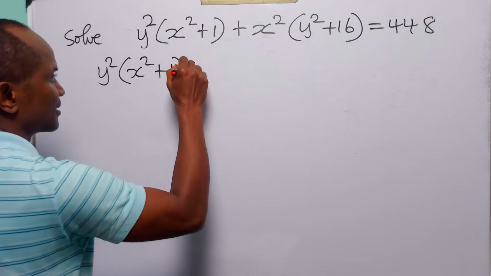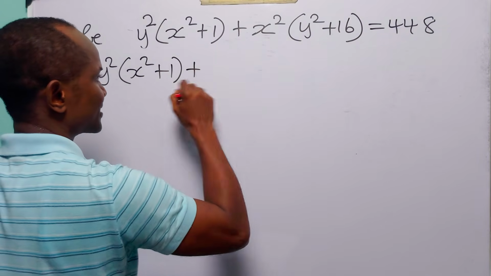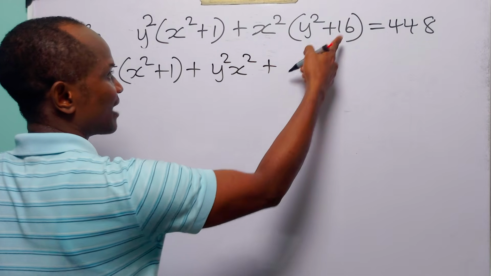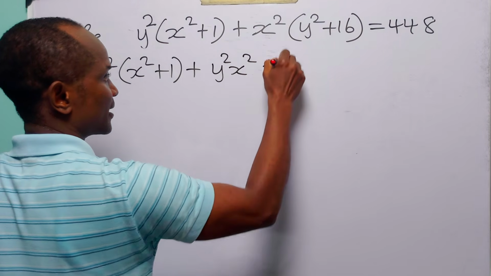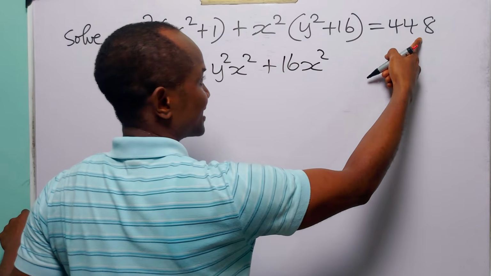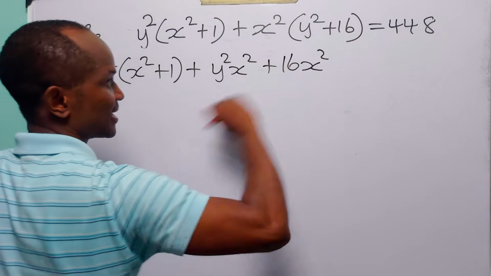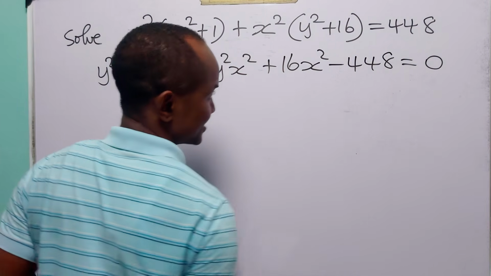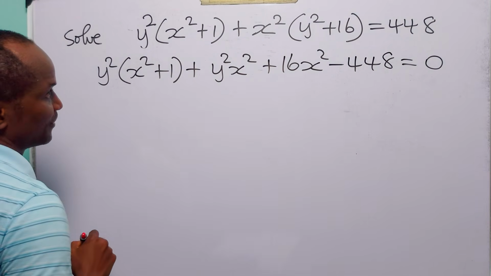Opening this bracket, we have y squared x squared. Then we have 16x squared. And moving this constant term over to the left-hand side, we have minus 448, and this is equal to 0.